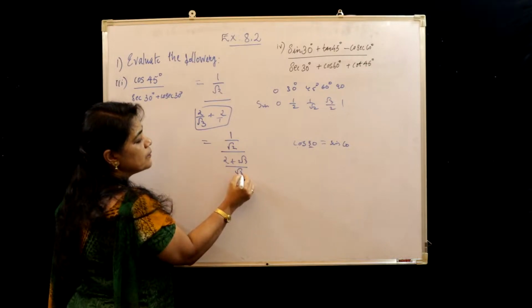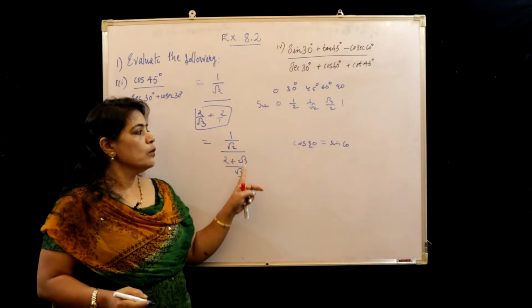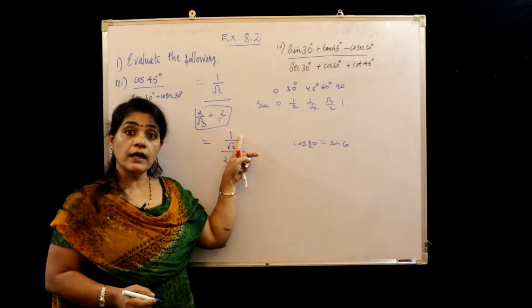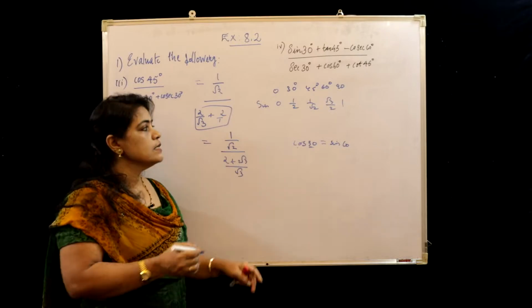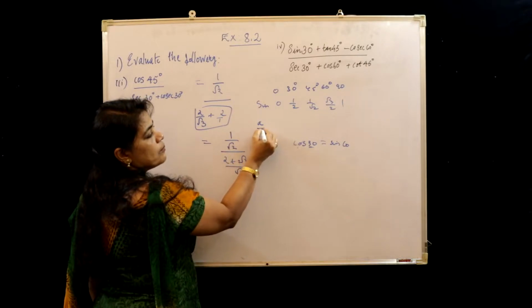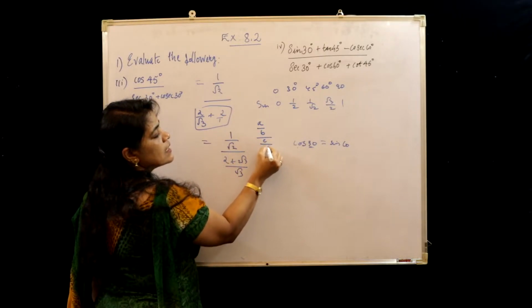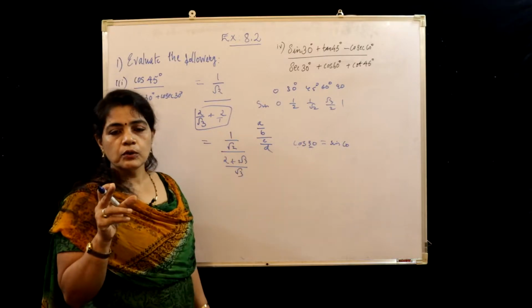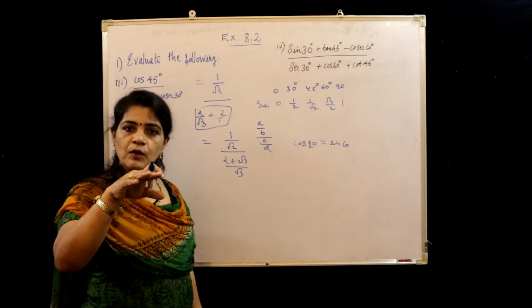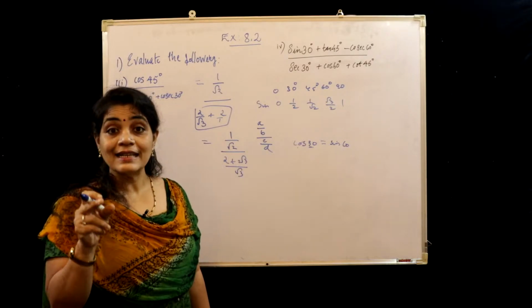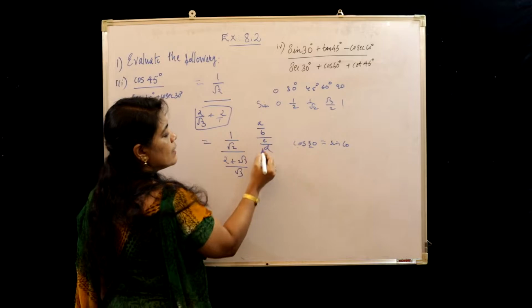divided by root 3 into 1, that is root 3. Now we have a fraction in the numerator and a fraction in the denominator. Or this is of the form a by b divided by c by d. So what to do? You keep the numerator fraction without any change and take the reciprocal of the denominator, that is d by c, and multiply.